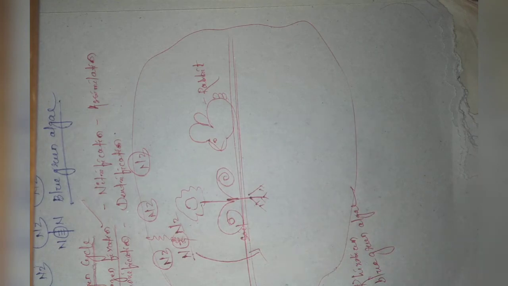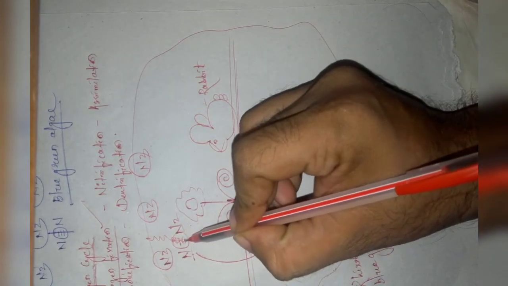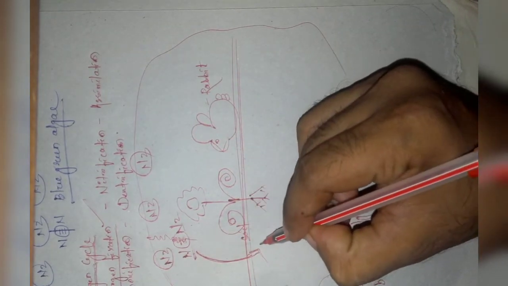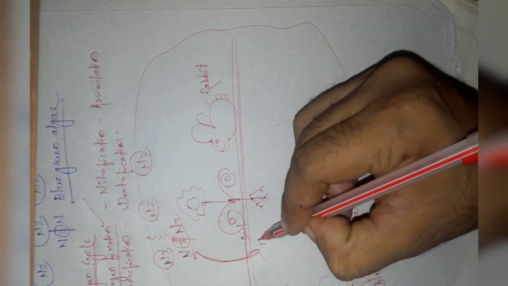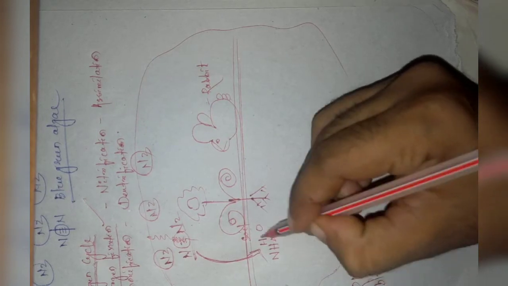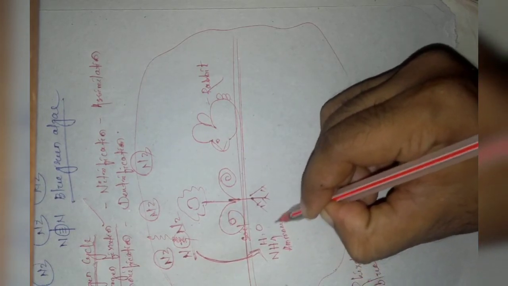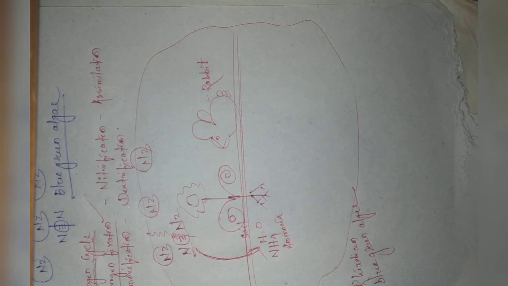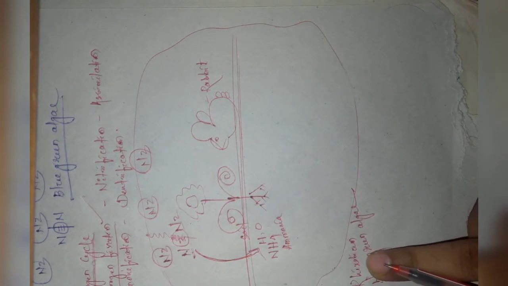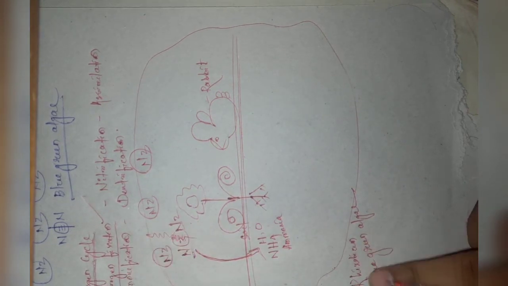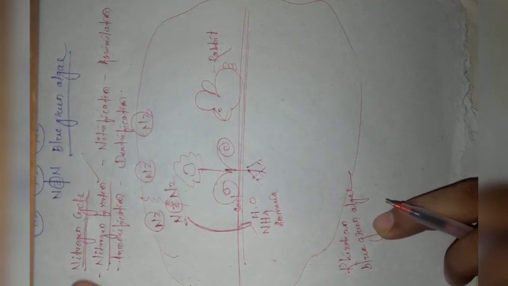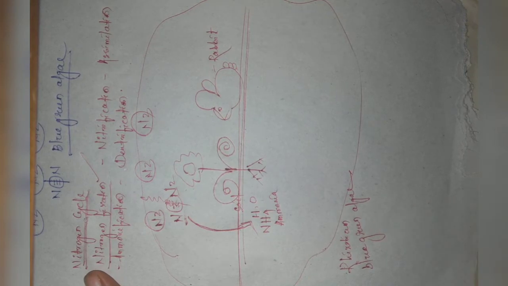Okay students, so when nitrogen breaks down, it drops down to the soil, and that nitrogen reacts with hydrogen and oxygen and is converted into ammonia. That is your ammonia, produced by the process of lightning or by bacteria like rhizobium or blue-green algae.